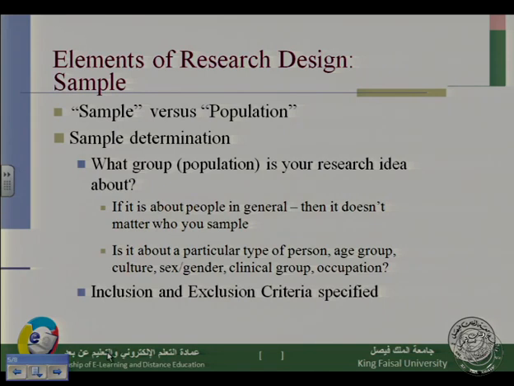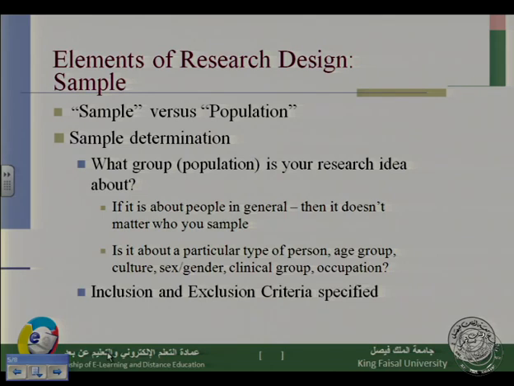Gender, are you comparing males and females, or only targeting, for example, females? A clinical group, this is for medical people. Maybe you want to compare two types of clinical groups. Occupation, again, are you targeting academics, engineers, teachers versus administrators, and so on.